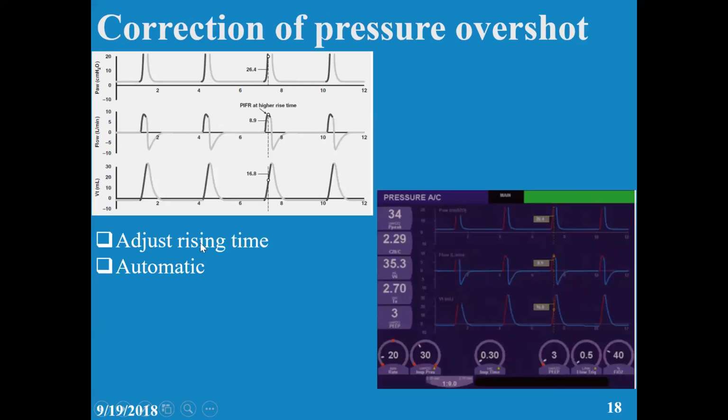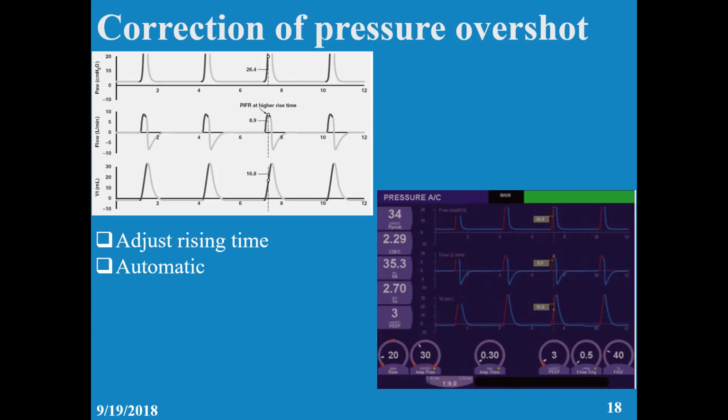Now you connect it, adjusting the rising time. Okay, or it can be corrected automatically based on the machine. But if there is, we change the rising time. And if you remember, the rising time, also sometimes called ramp depending on the ventilator, represents 30% of inspiratory time.